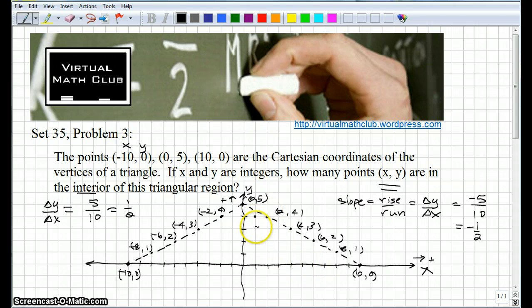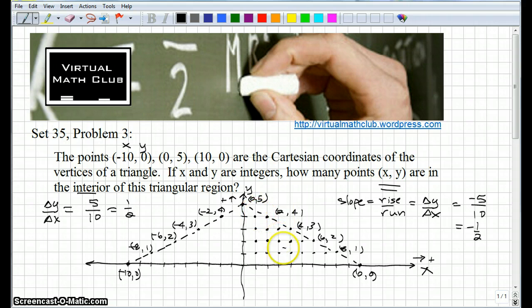All right, so let's mark the points in the interior. This is symmetrical, so I can really just look at half of it and then double it. So let's mark these points here. Oops, I forgot one up here. Now we can look at the rows.